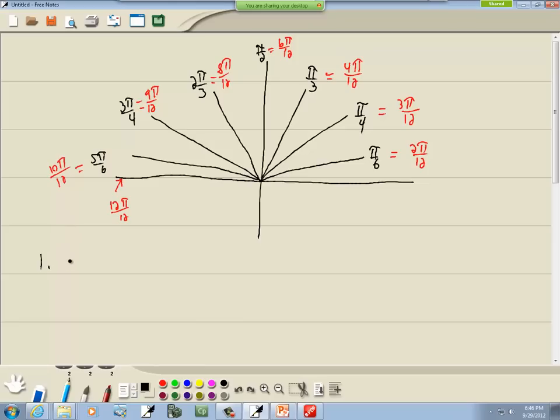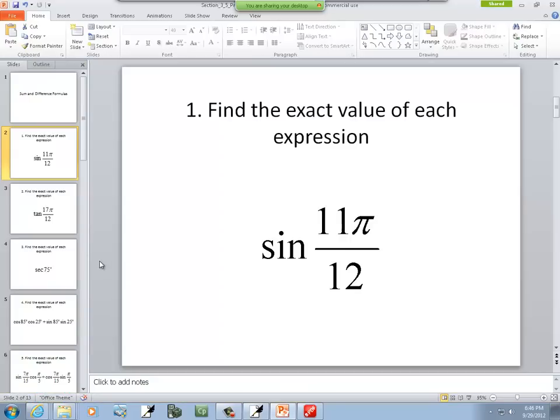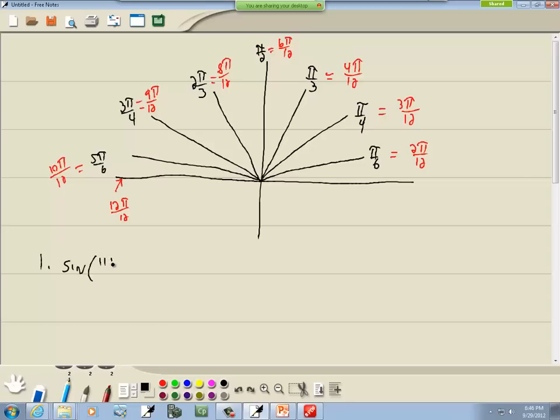Okay, so we got sine of 11 pi over 12. And I'm looking through here. I'm trying to figure out two angles added together or subtracted that give me 11 pi. 9 pi and 2 pi gives me 11 pi.